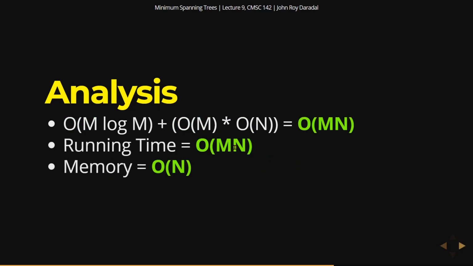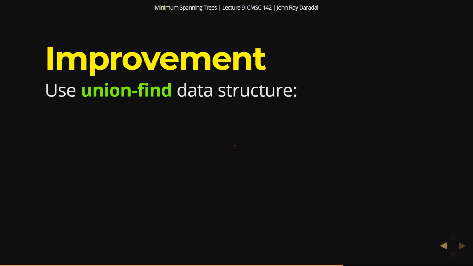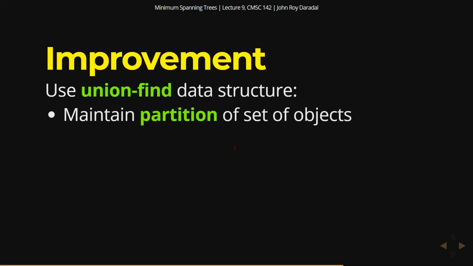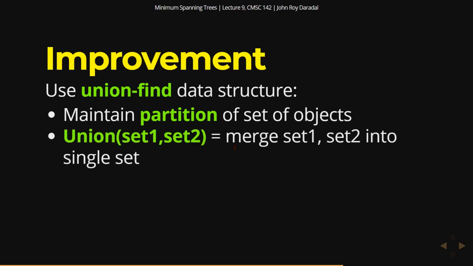Okay, so you could also improve the performance of Kruskal by using another data structure. This one is something called union find. Now you haven't encountered this one yet, so you could look into it if you want to. But basically for union find, you maintain a partition of a set of objects, and it makes it easier to find which set that object belongs to.